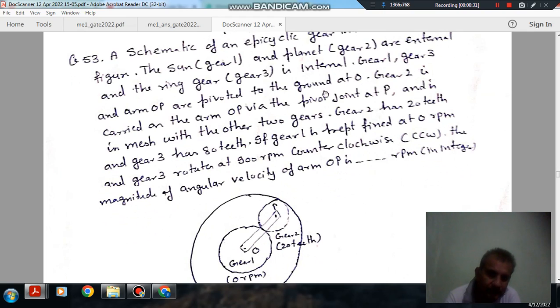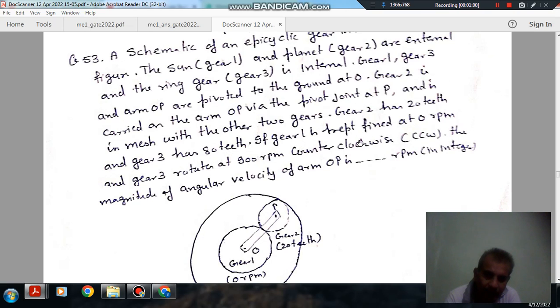Gear 1, gear 3, and arm OP are pivoted to the ground at O. Gear 2 is carried on the arm OP via the pivot joint at P and is in mesh with the other two gears. Gear 2 has 20 teeth. Gear 3 has 80 teeth.